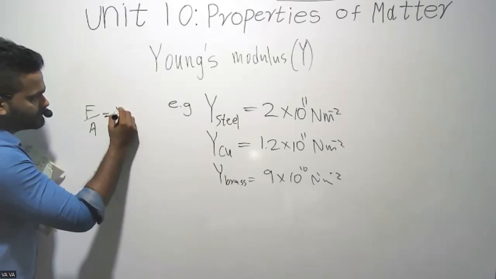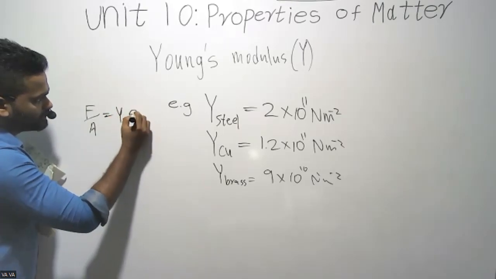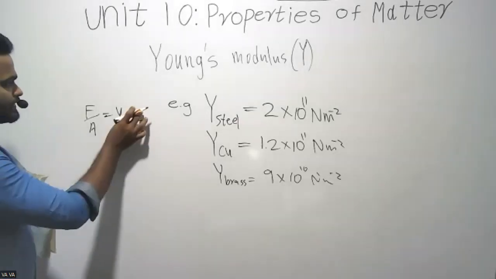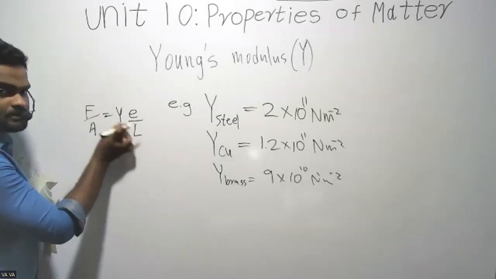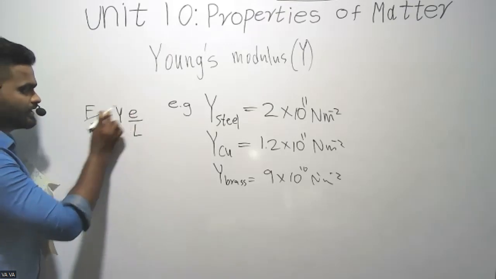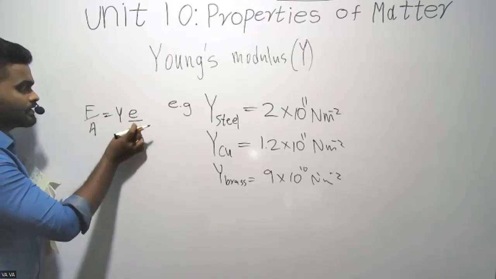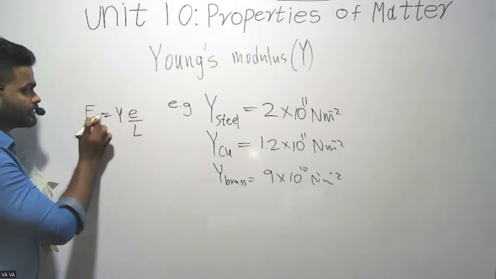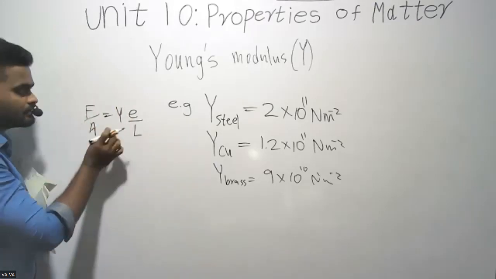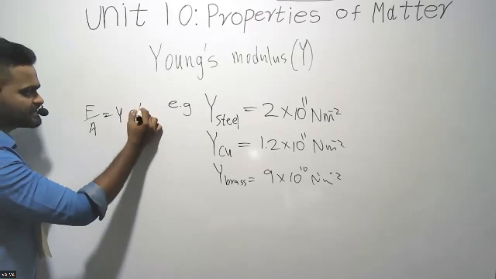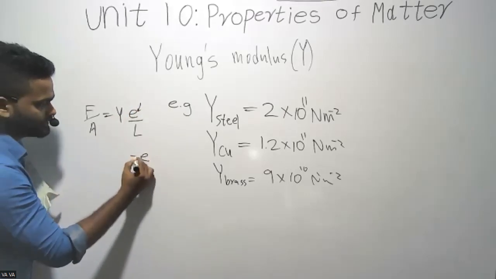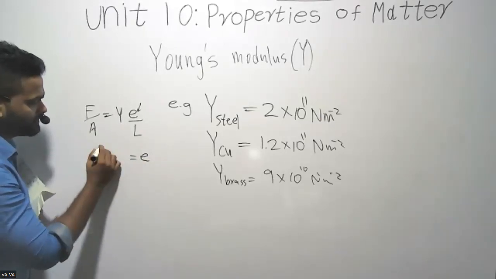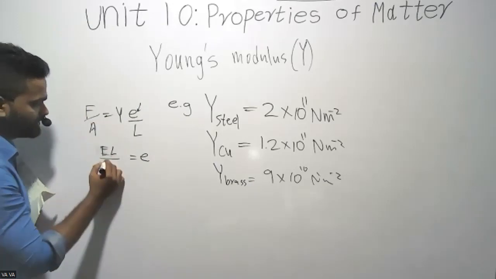I'll just write the previous equation. Okay. So then from this equation, I can cross multiply this L to this side, Y to this side. Don't write this. Just listen first. So this is the initial form of the equation. So I'm going to make E the subject. If you make E the subject, what do you get? FL divided by YA.